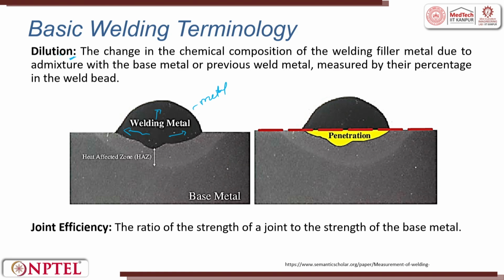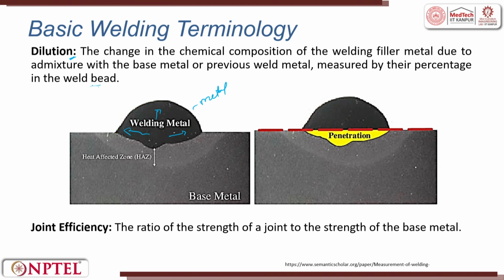Dilution is a very important phenomenon. It is the change in the chemical composition of the welding filler material due to admixture with the base metal or previously welded metal, measured by their percentage in the weld bead.